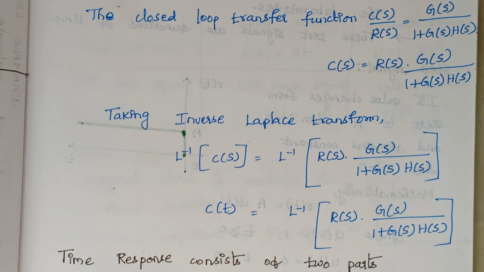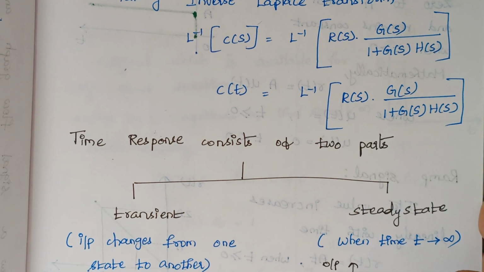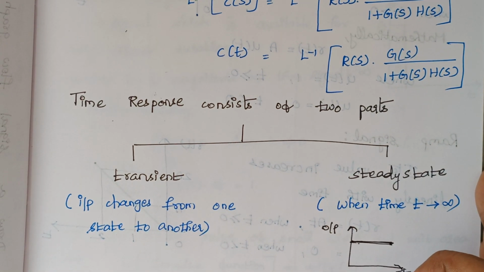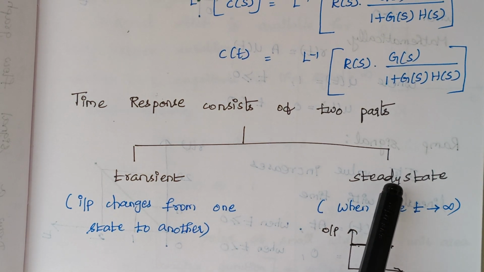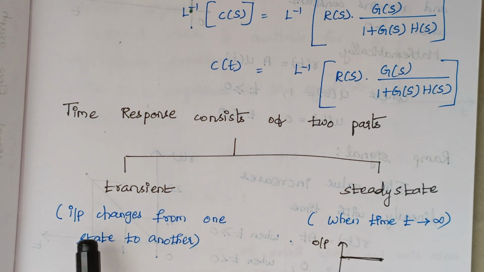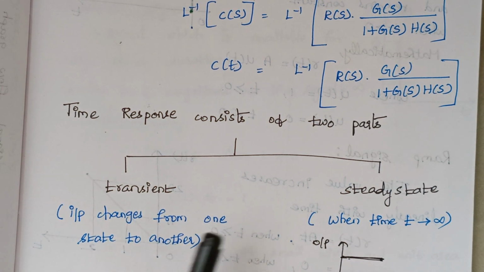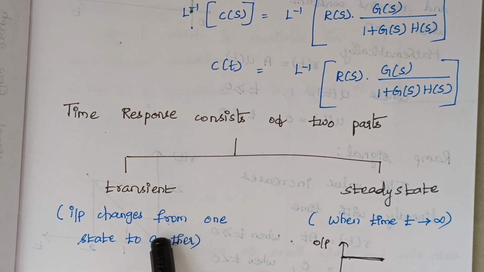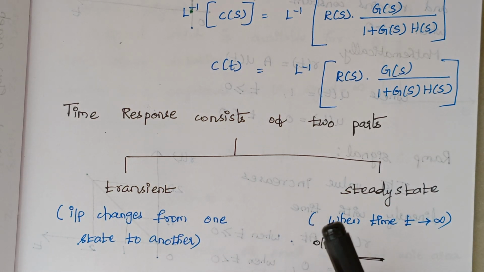And the next one is, there are two types of time response. So one is known as transient response and another one is known as steady state response. So transient response is when input changes from one state to another. In other words, the output of the response will be varying continuously, because as we know, when input changes, automatically the output will also get changed.